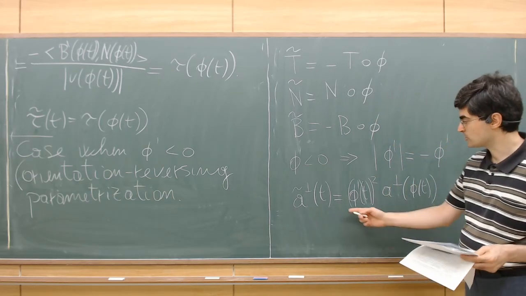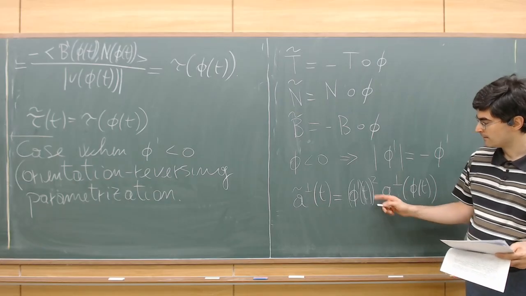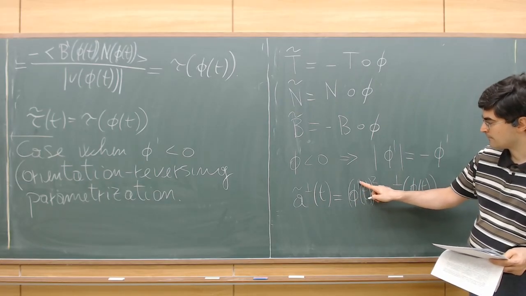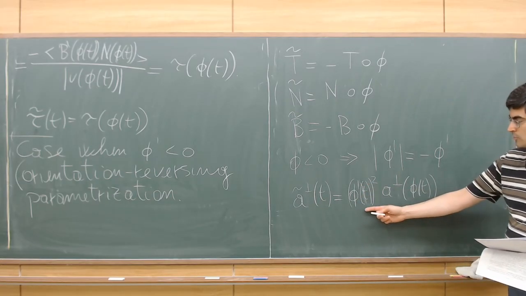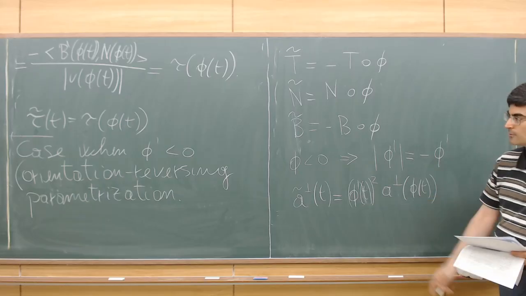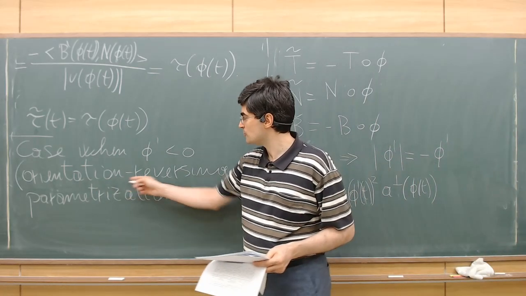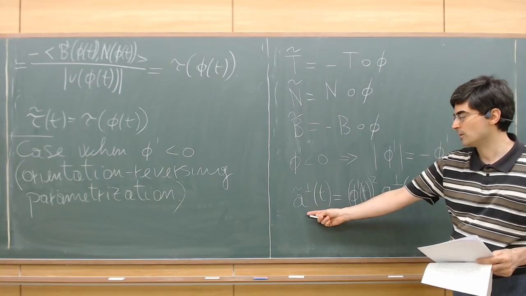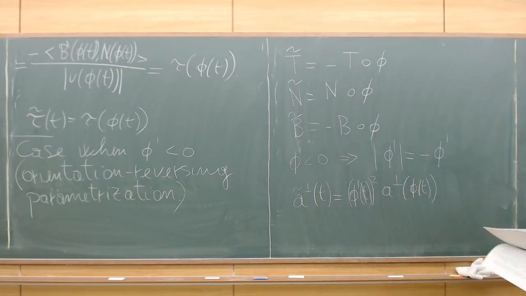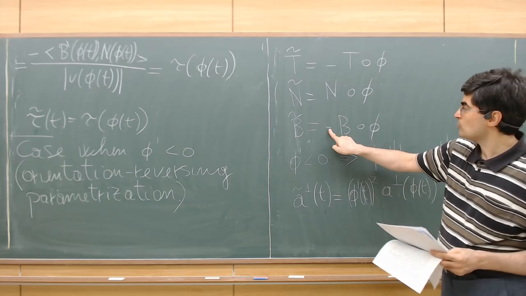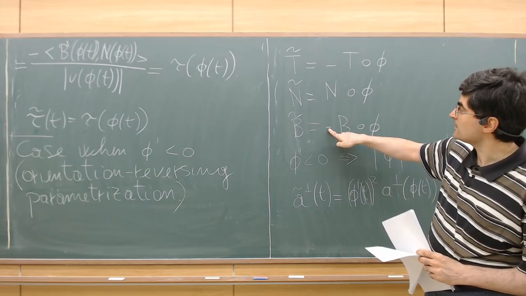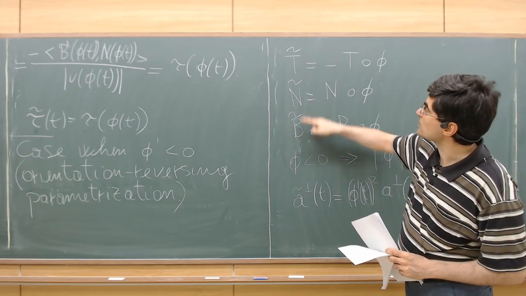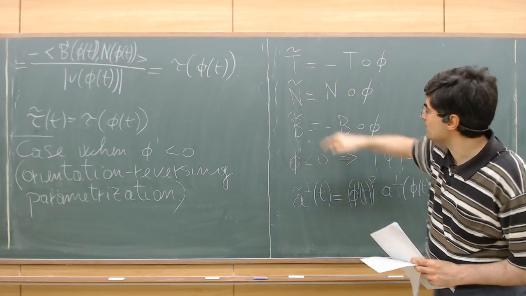So here you have a square of phi prime, and so you don't see the effect of the orientation reversing parametrization on the orthogonal component of the acceleration. Instead, the reason why you have this sign here is that b tilde is a cross product of t tilde and n tilde.